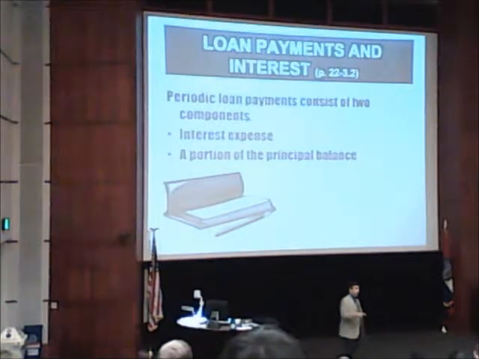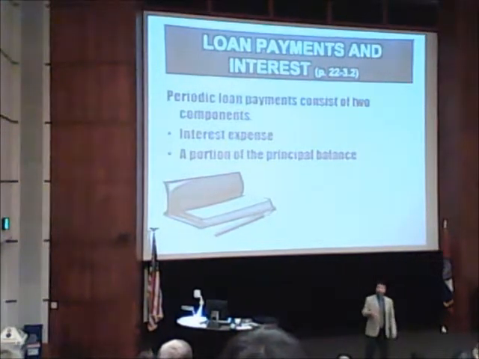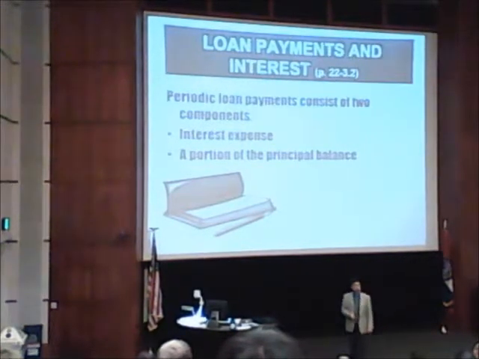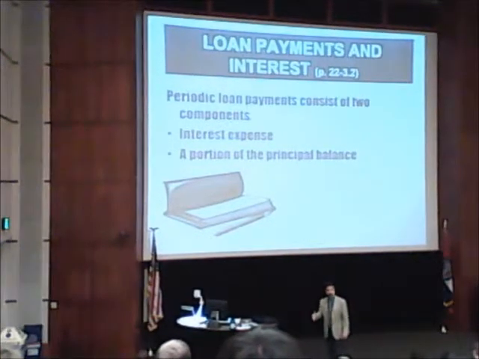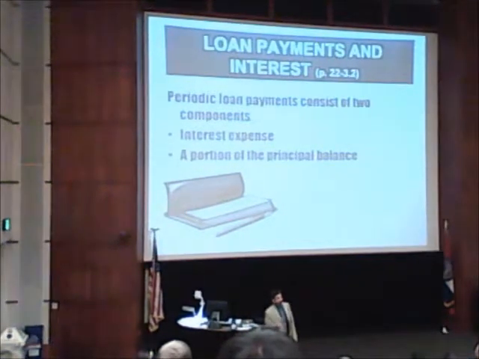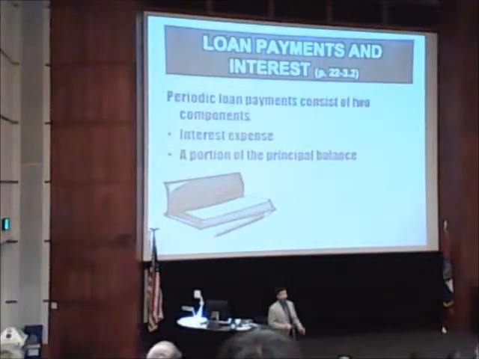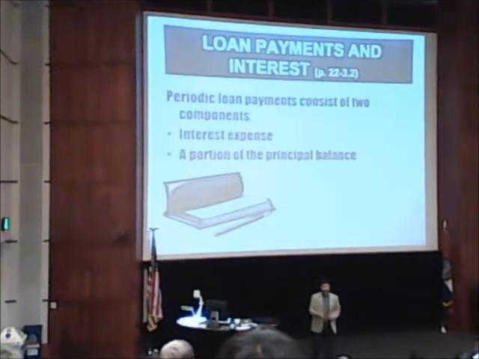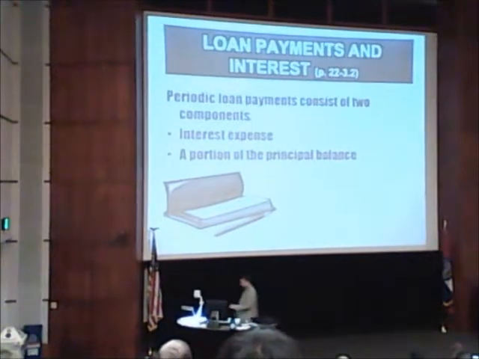And most of you probably have parents or other relatives who are paying off home loans. Those are examples of installment debt, where you make periodic payments, typically monthly, and when you make a payment, part of the payment pays interest expense, and part of it pays off the loan itself. So that's what installment debt is. And that's what we're going to be dealing with in this section of the chapter.